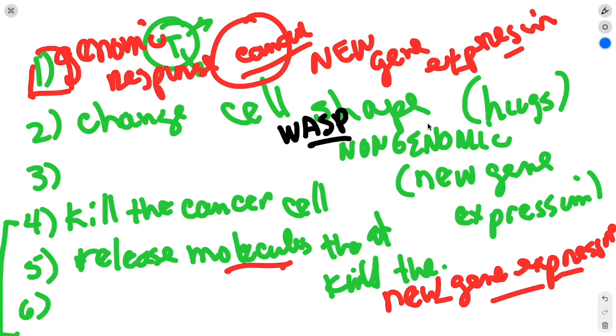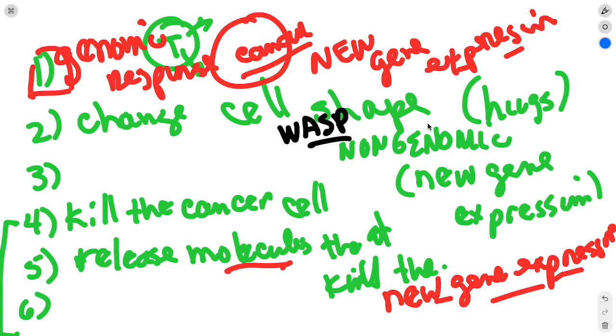In the changing of the cell shape, you said it was non-genomic. Is that new gene expression? Sorry, I hope I wrote that clearly. I wrote this up here first, and then this new gene expression fits with this one.